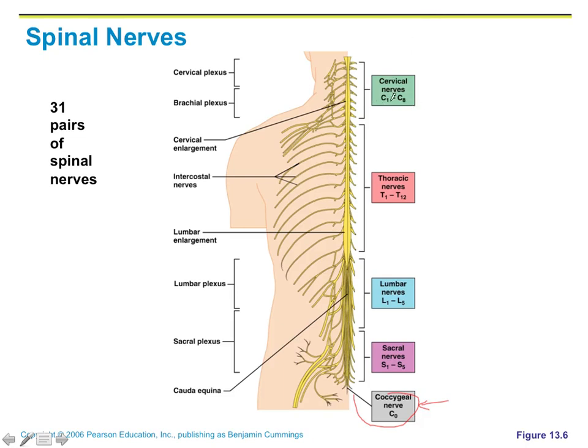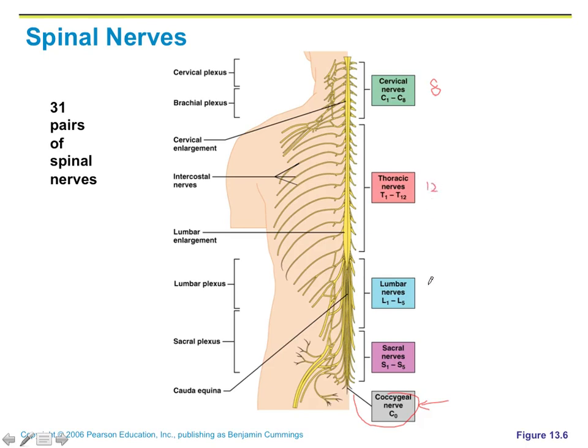For example, the cervical nerves go from C1 to C8, so we have 8 pairs of cervical nerves. Thoracic nerves go from T1 to T12, that means 12 pairs.